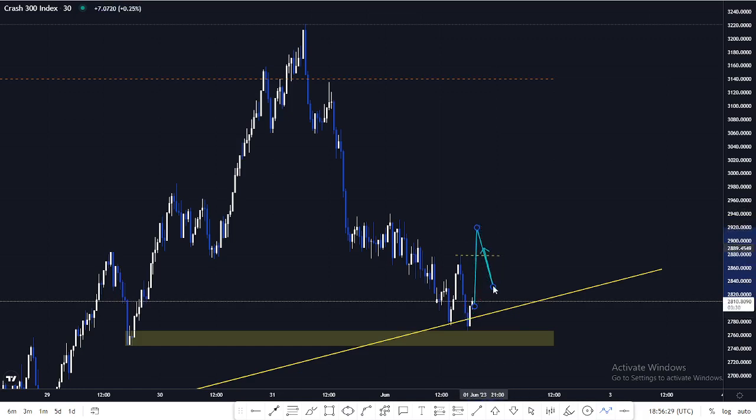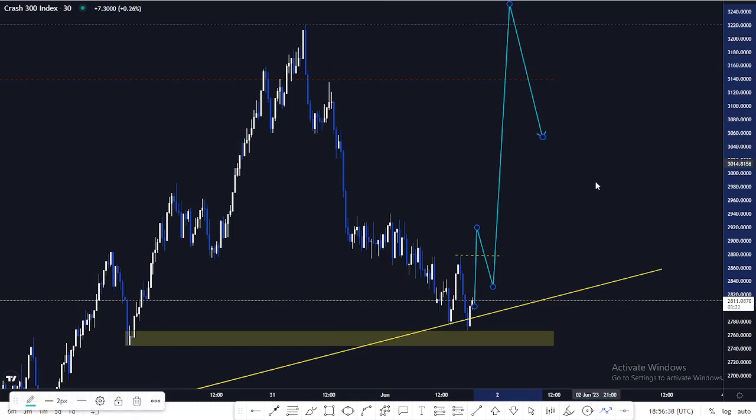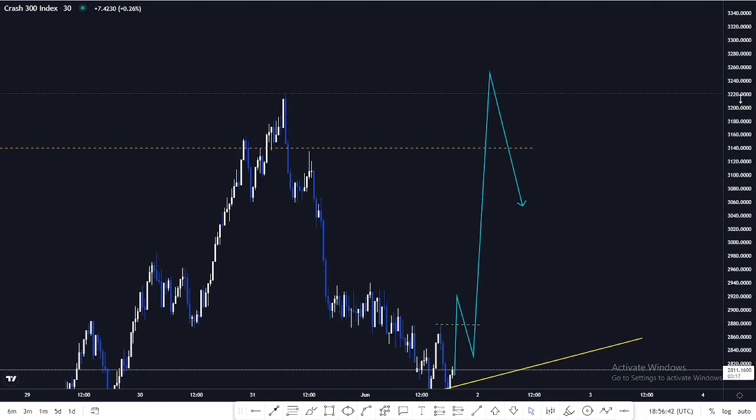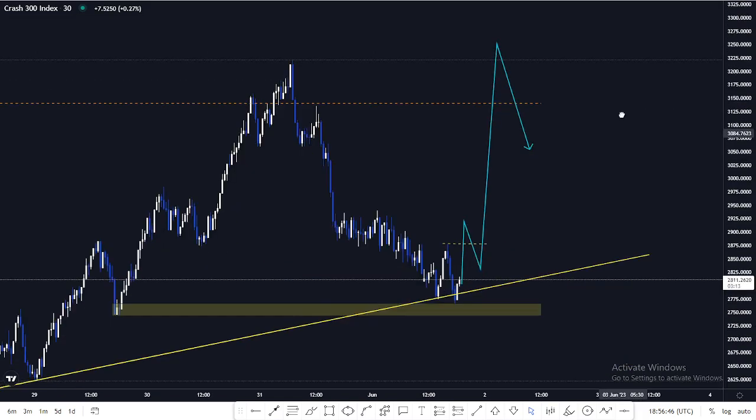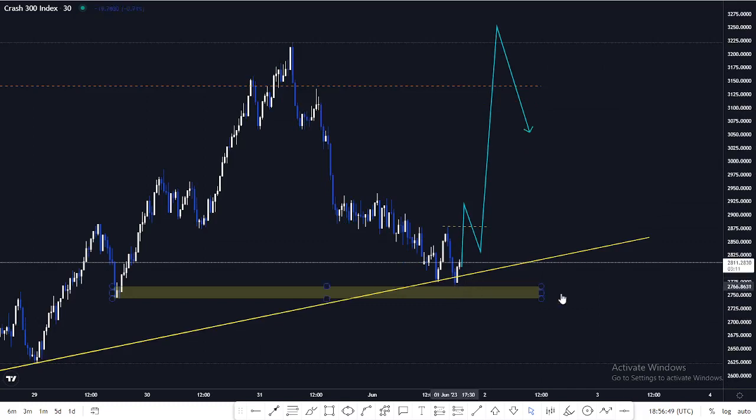After we change character, pullback, then we buy all the way, we break that previous high, maybe get a pullback before we continue all the way up. So this one is going to be a swing trade. Personally, I'm going to be holding all the way. Currently I'm in because of this entry here.